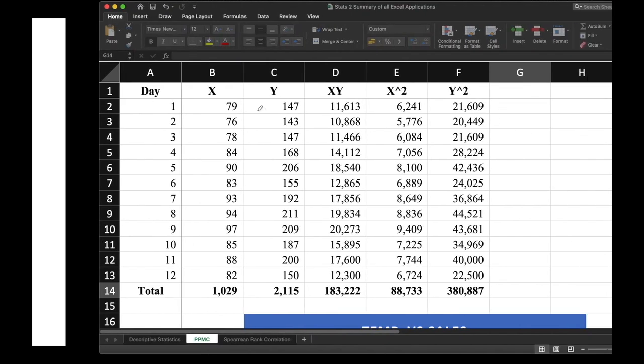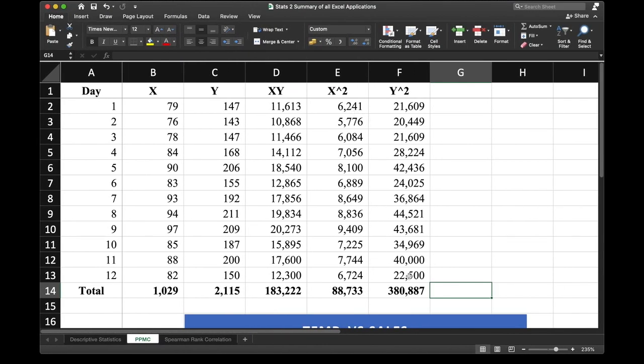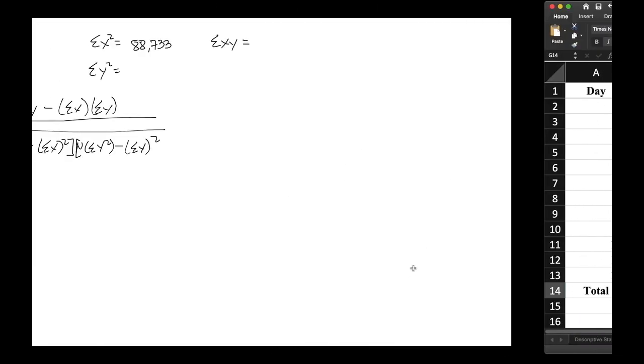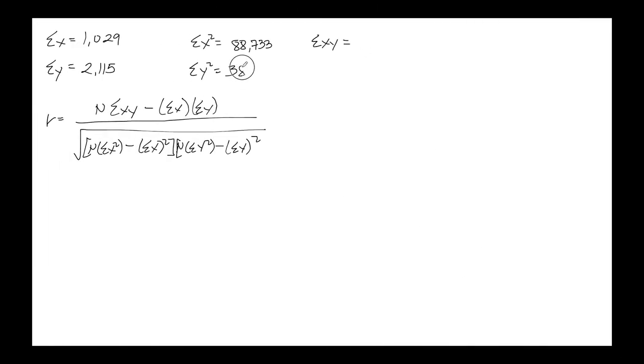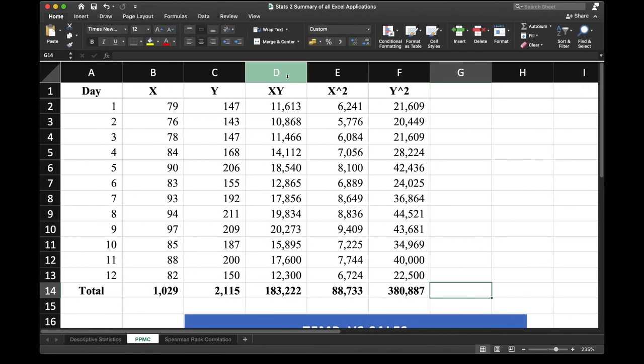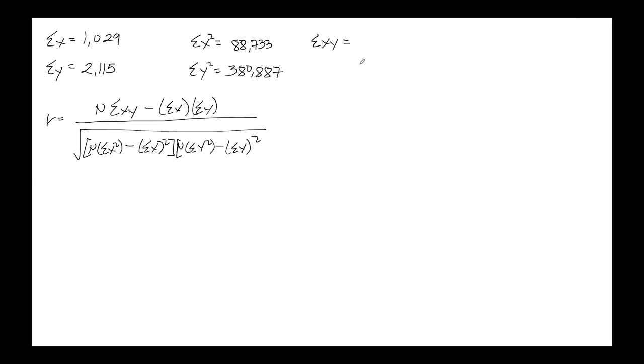Summation of y squared, we have 380,887. For the summation of x and y, we have 183,222. Okay? So, let's substitute all our given.